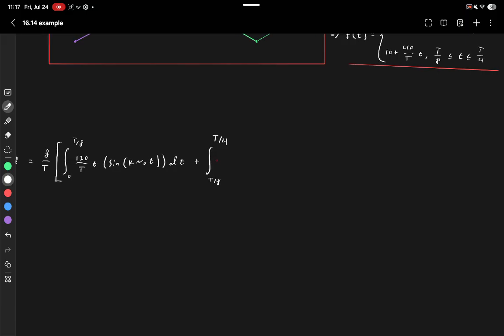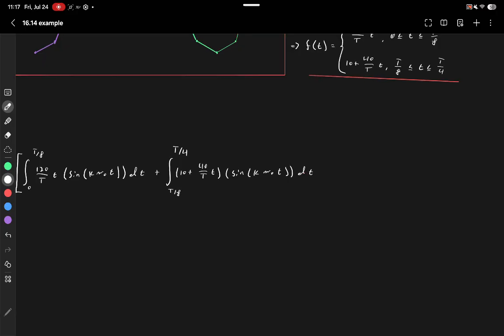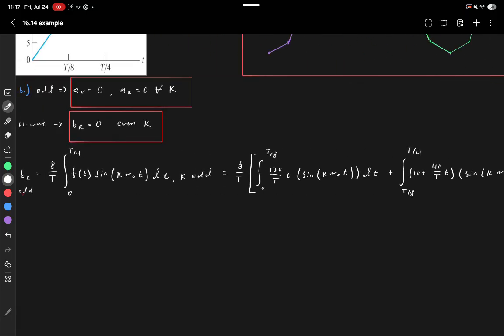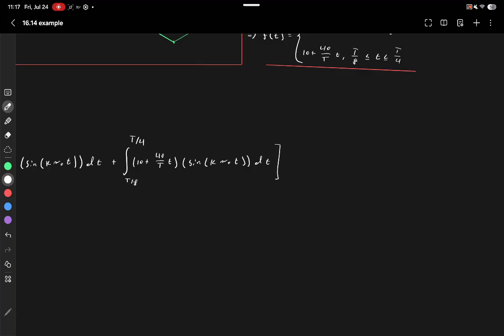We'll throw in that 10 plus 40 over big T times little t, and again times the sine k omega naught t. And all we're doing here is the b sub k, the odd b sub k. So like our 1s, our 3s, our 5s, continuing on.